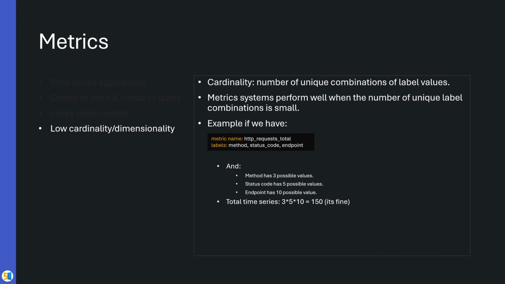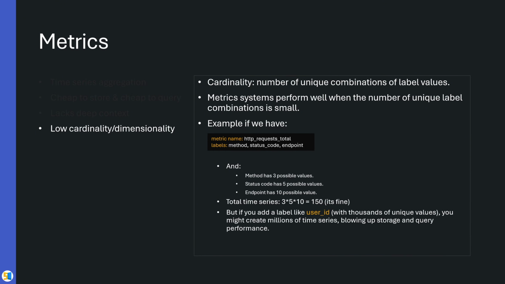In this case, the total time series that we will have is 3 times 5 times 10. So it will be 150, which is still fine. But imagine if we add another label like user ID with thousands of unique values, you might create millions of time series. So it will blow up your storage and query performance as well.